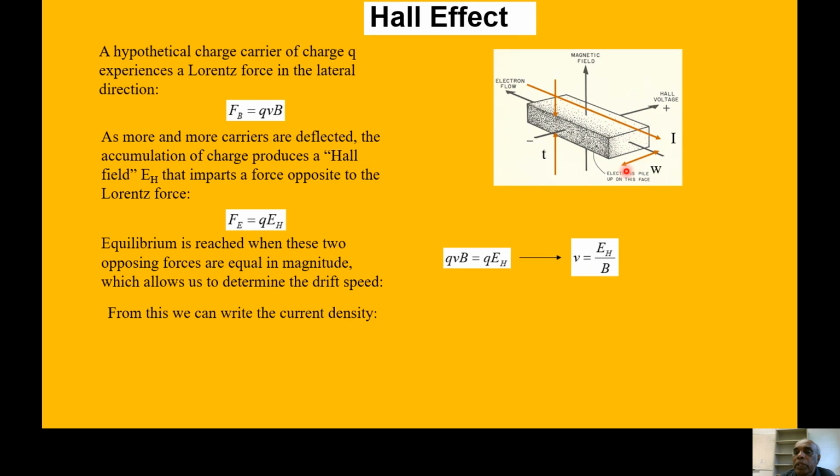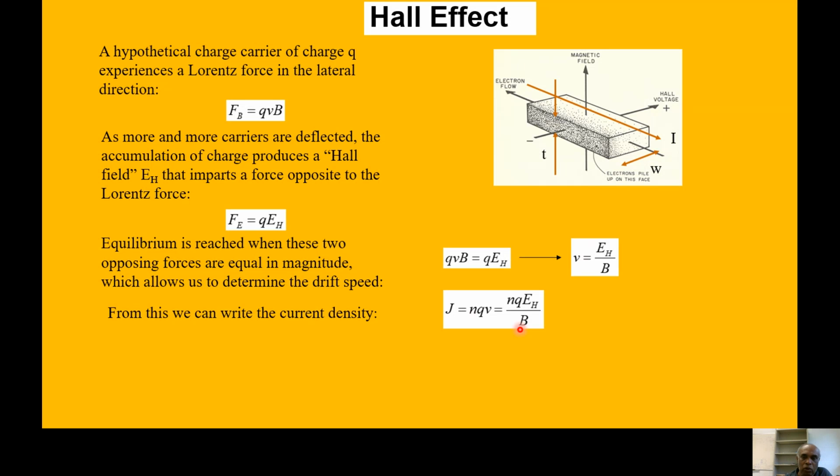In this case, your area would be this width W times your thickness T. Your thickness is given by T, this one, and the width is given as W. So this area is given by W times T. Also we know the current density is given by n Q v, right? n is the charge per unit volume, we call it the charge density, Q is the charge and v is the velocity. Now we know v here, E_H over B. If I substitute here, n Q times E_H over B, that is the current density.